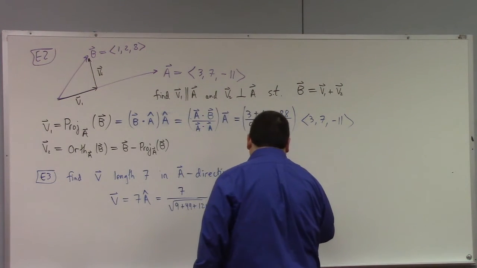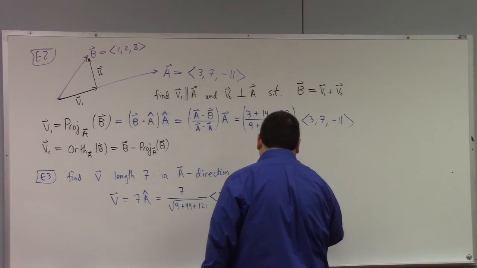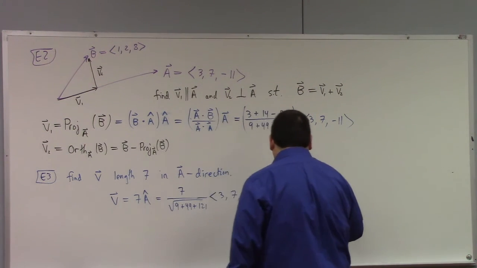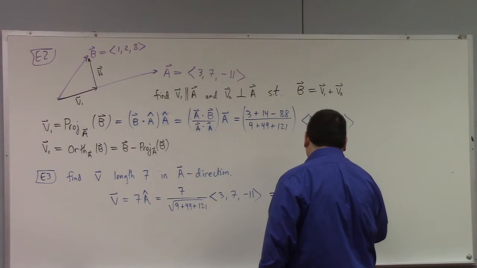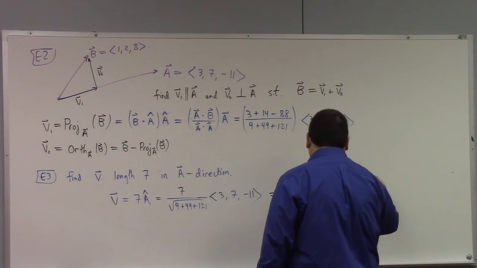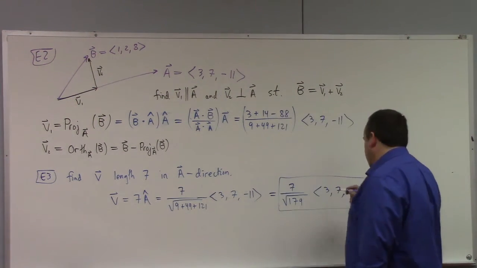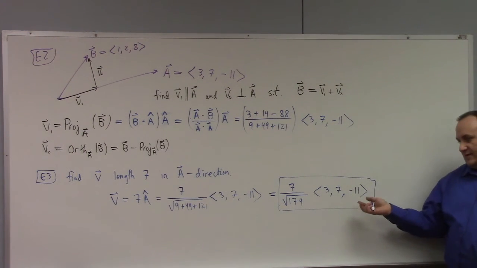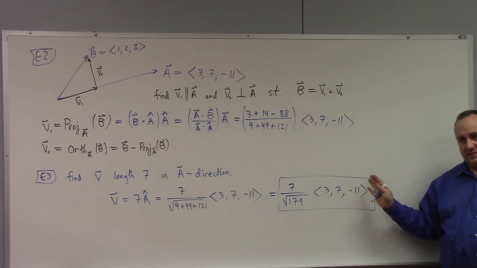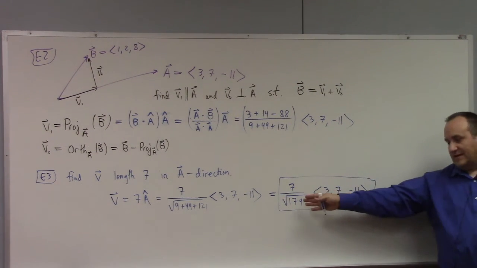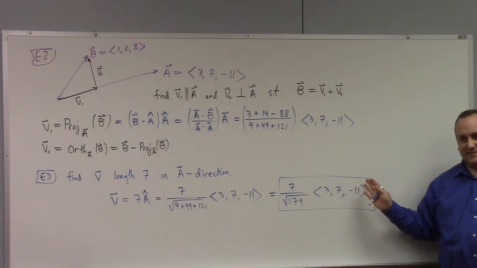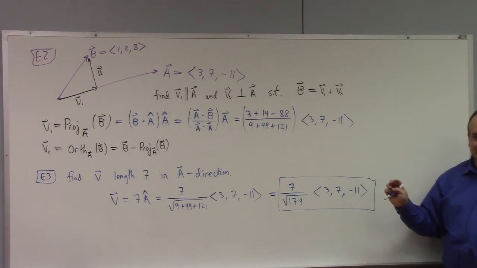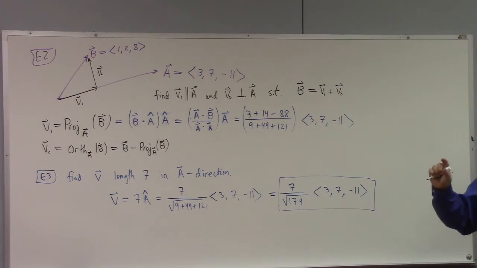So like 7 over the square root of 179, I think, times 3, 7, minus 11. And that's a completely legitimate way to write an answer for something like that. It is acceptable in this course to express your answer as a scalar multiple times a vector. I don't expect you necessarily to take that number and multiply through, right? That doesn't make the answer better, it just makes it cluttered, right? Being able to factor a number out is actually really nice. Does that make sense? Yes, no, maybe so.